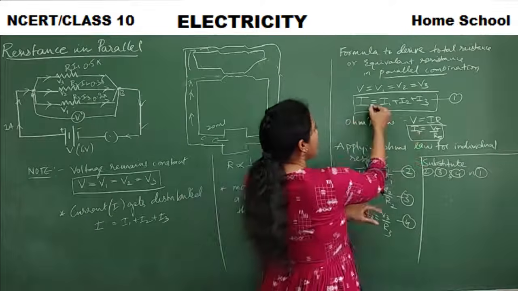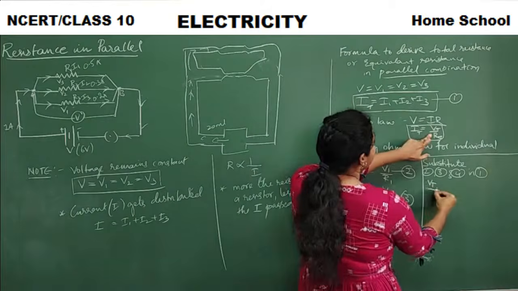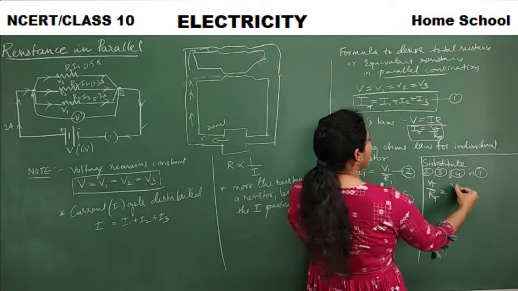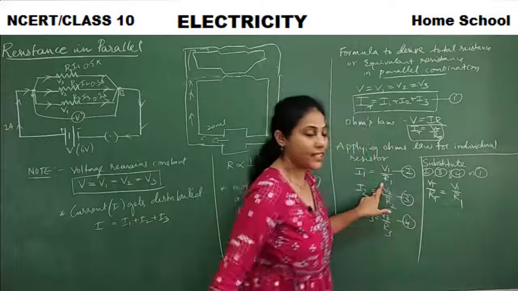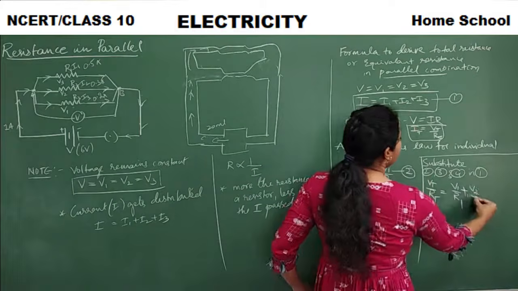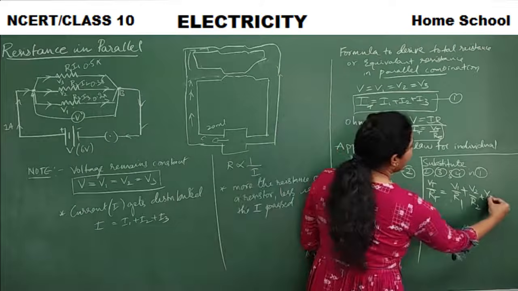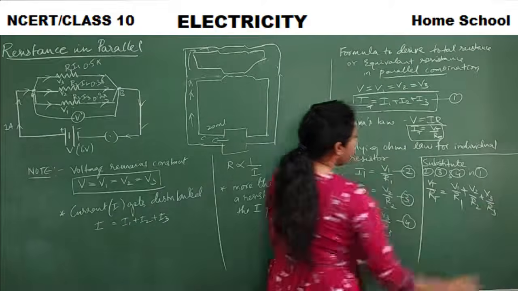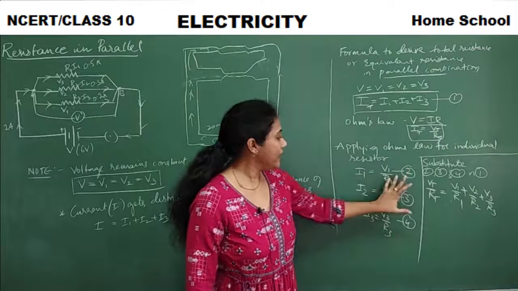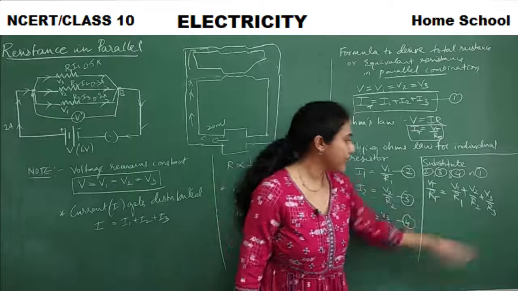This is the total I, so I total is equal to Vt by Rt, which is equal to I1, that is V1 by R1, plus I2, that is V2 by R2, plus I3, which is nothing but V3 by R3. So I introduced I total, I1, I2 and I3 in this first equation, and I got this relation.